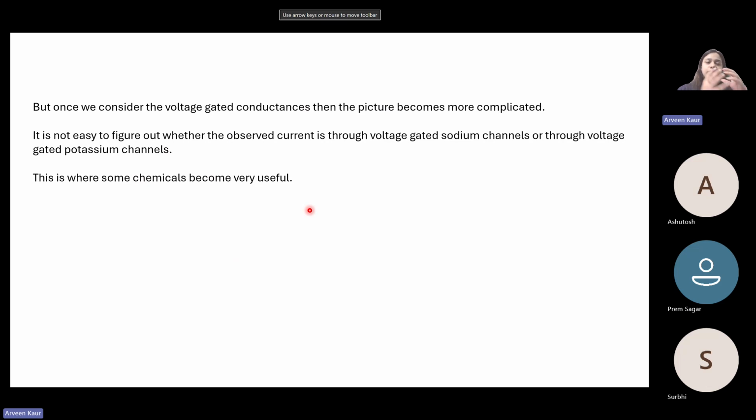Is it because of the sodium channels that it is happening, or because of the potassium channel? So if we have to find this out, in another situation, for instance, I am saying that whenever I light a candle and I turn on the white light in my room, I get a headache, right?